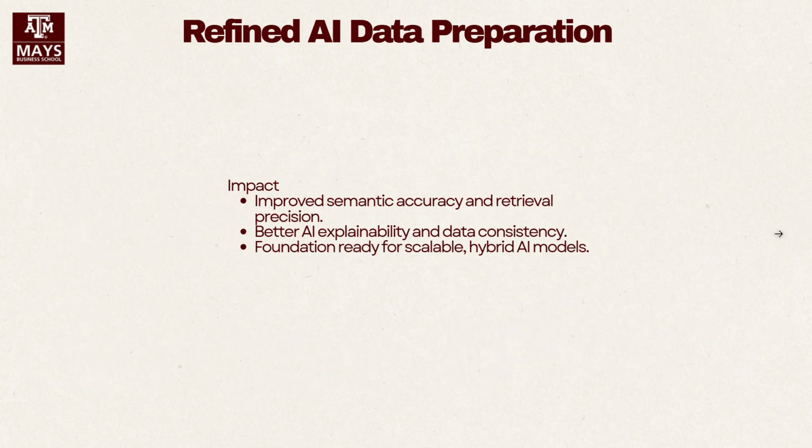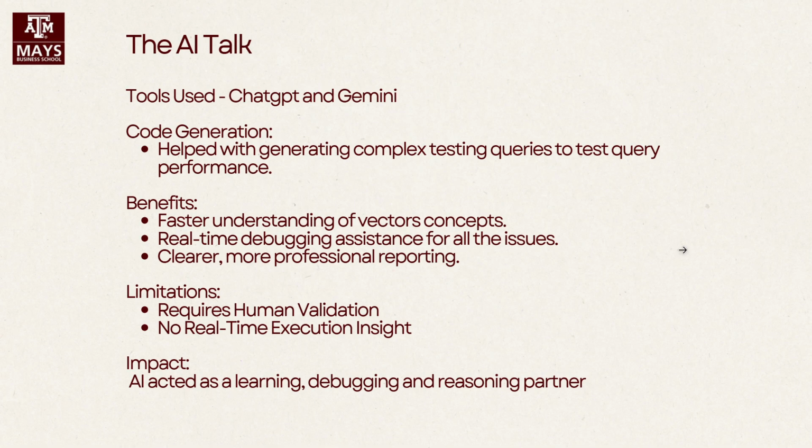The result of all of these will be that our semantic accuracy will be improved, and so will the retrieval precision. The AI explainability and data consistency will be better, and our foundation will be ready for more scalable and hybrid AI models.